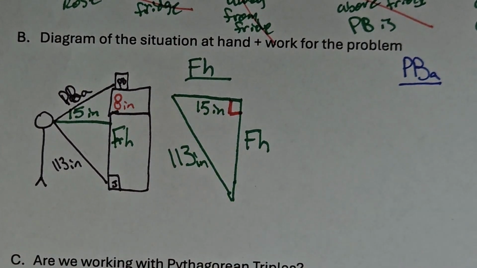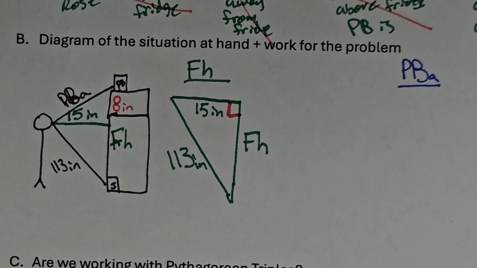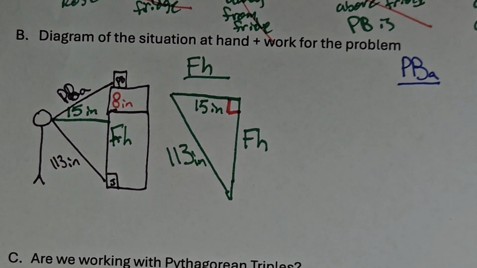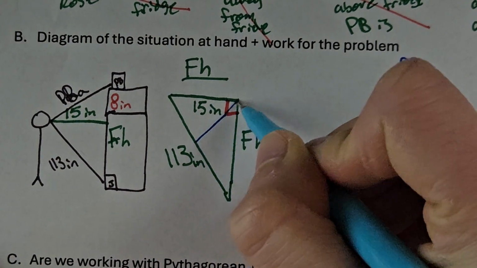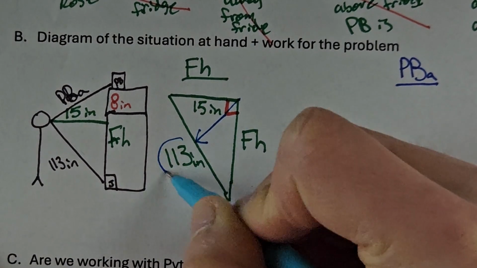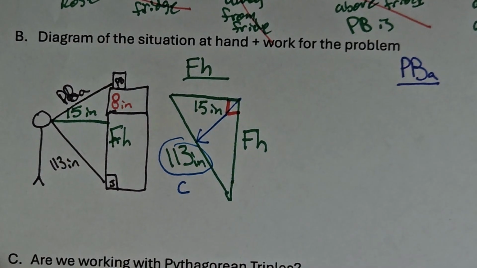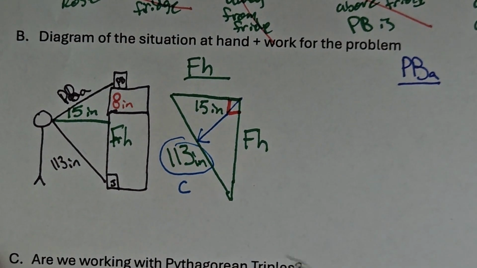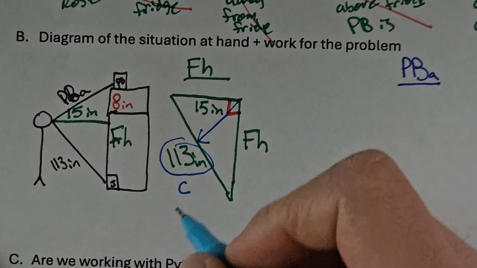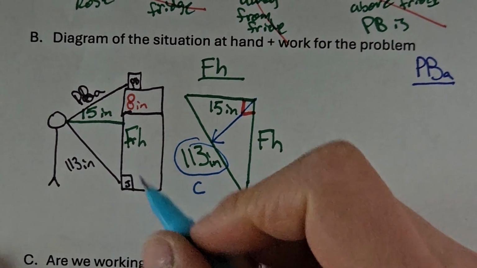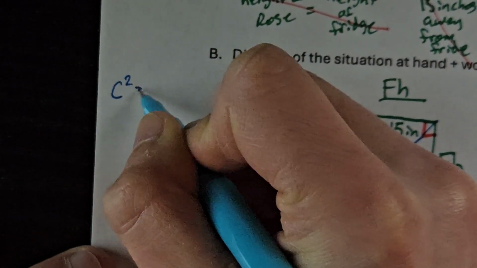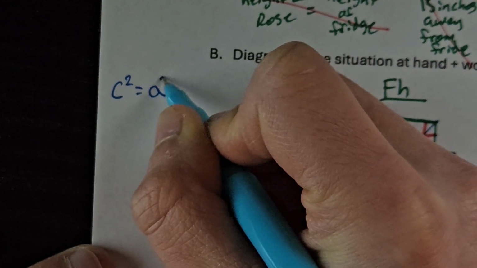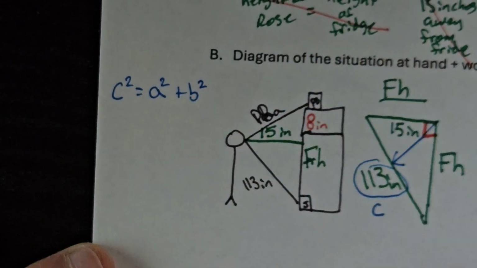So, trying to figure out what that C value is for the Pythagorean theorem, I need to go opposite of my right angle to find out what that C is. Going opposite, I find that 113 is going to be the C value. So when setting up the Pythagorean theorem, and we'll do it off to the side here now since I'm running out of room, we'll have C squared is equal to A squared plus B squared.